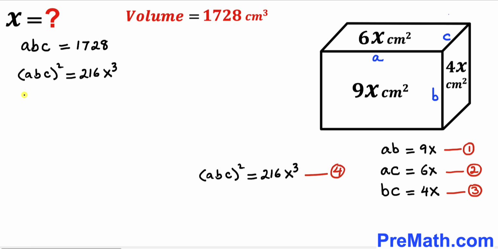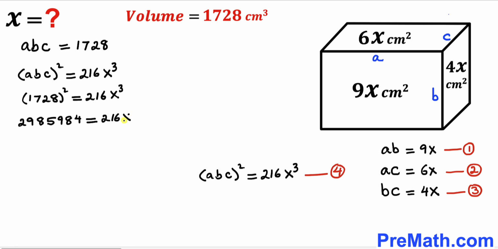So we could write 1728 whole square equals to 216 x power 3. And we know the square of 1728 is going to be equal to 2985984, which is equal to 216 x power 3.